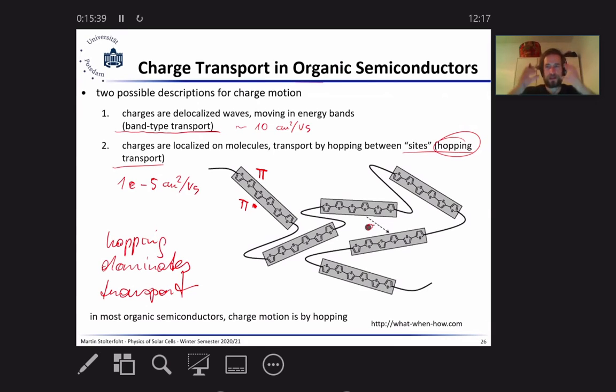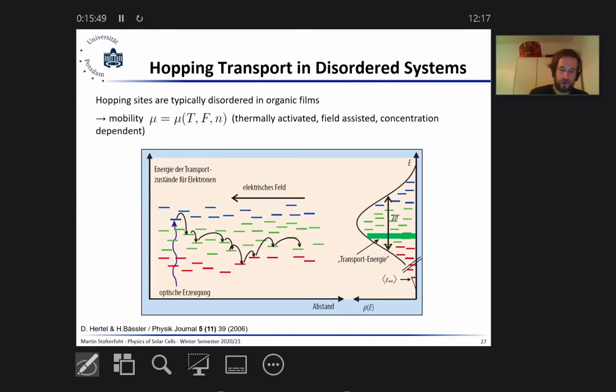So the charge just sits there and waits for sufficient thermal energy to make one jump to the next one. So it's a thermally activated and field-assisted and concentration-dependent hopping mechanism. So the mobility is a function of the temperature, the electric field, and the charge carrier concentration.